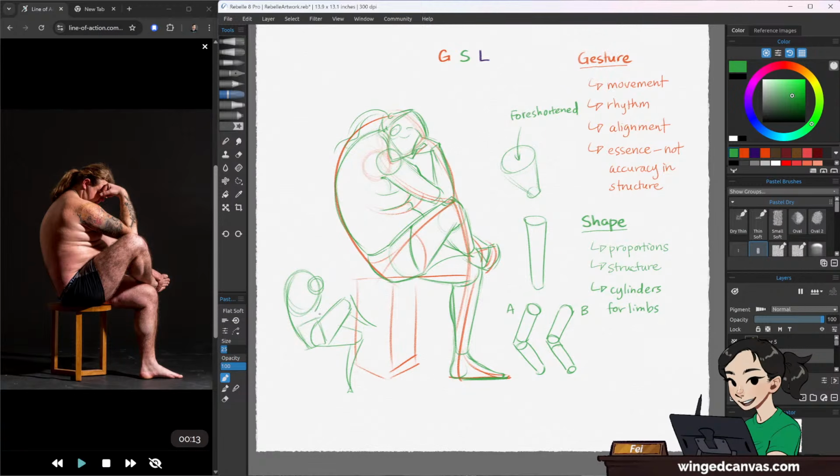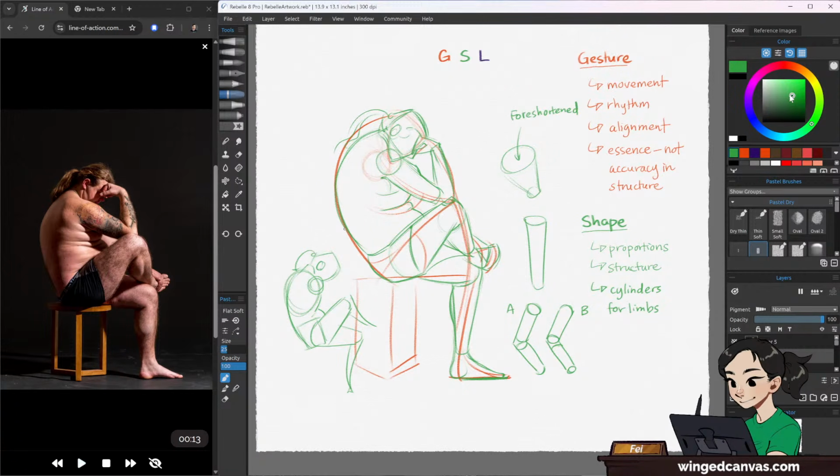Sometimes the rib cage is very obvious, but other times when it's not obvious, it's better to just draw it as a flat shape, right? It makes it easier for you, and sometimes it's okay if you don't draw it in. You just want to make sure that you have it in the back of your head, right? Where that all goes.